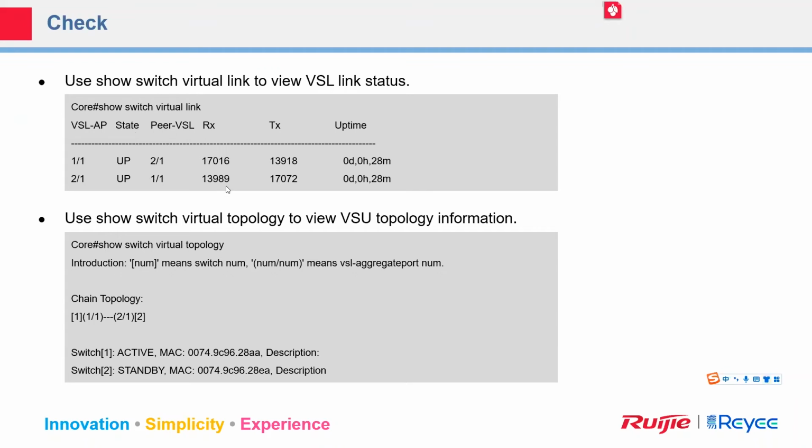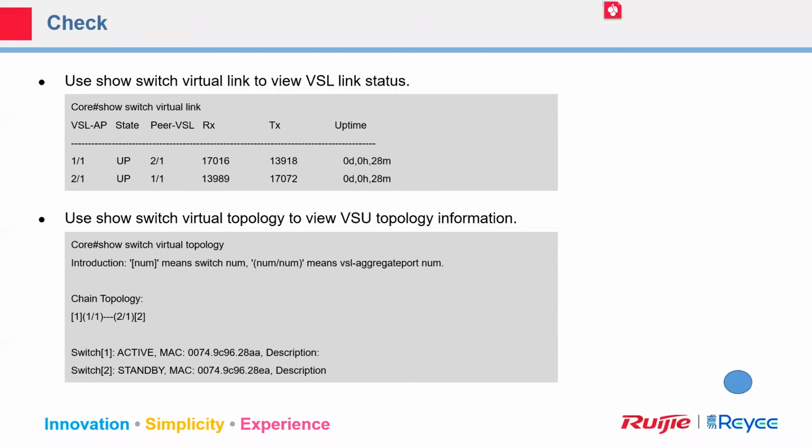What's the pair side, receive and transmit, and what's the uptime? And we can also directly show the VSU topology: which interface connects with which interface, who is active and what's its MAC address, and who is standby and what's its MAC address. So this is a function of the VSU.